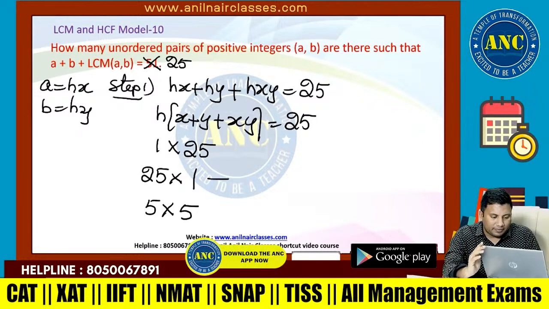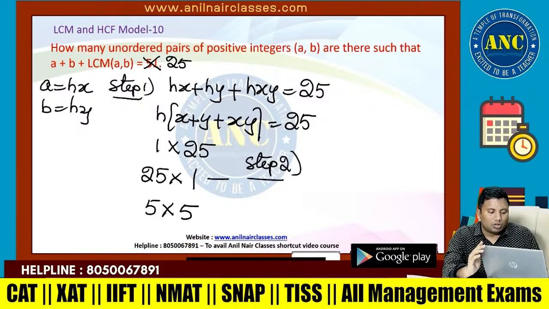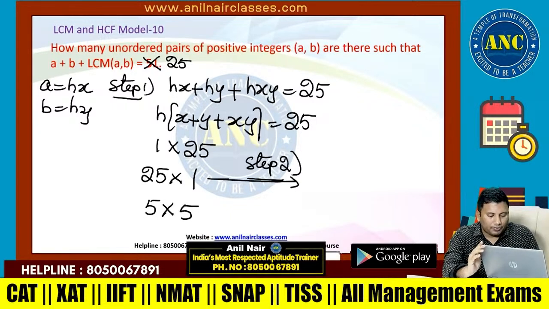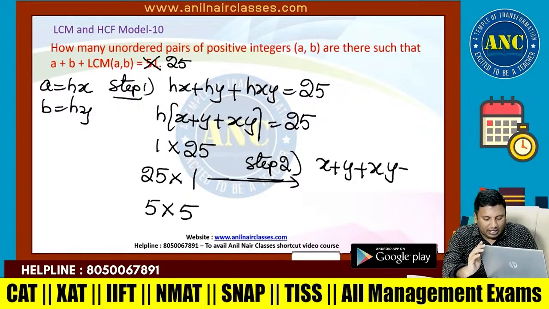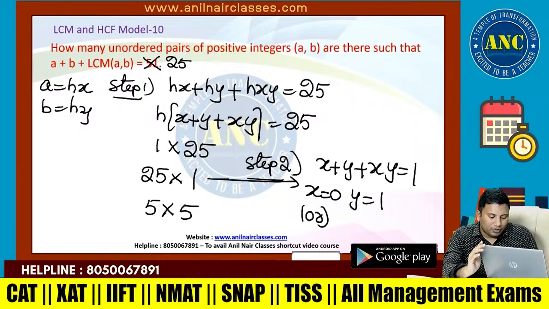Second case, step 2. X plus Y plus XY if it is 1, that means X is 0, Y is 1, or X is 1, Y is 0.